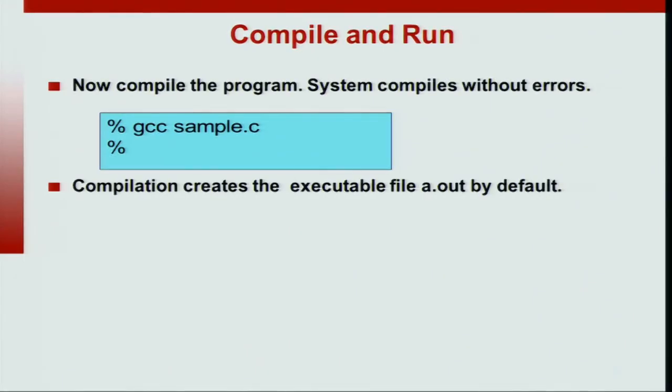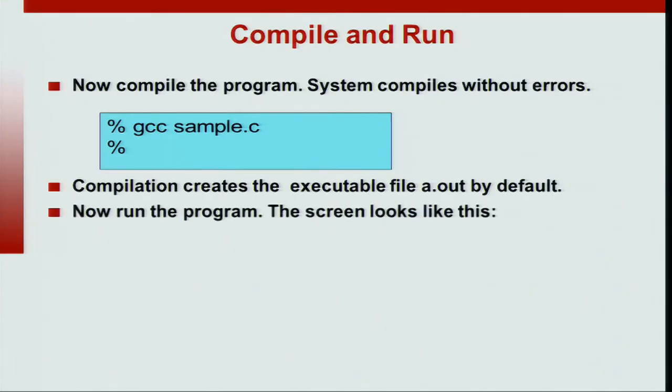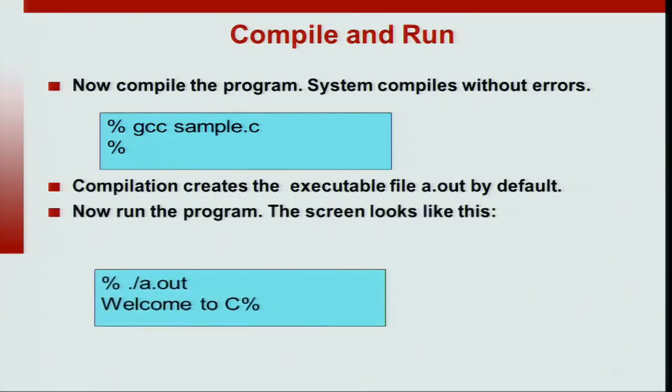Compilation creates an executable a.out, and now you can run the program by typing, and this is important, ./a.out. So the syntax is important. When you run the program, it will say welcome to C, because that is what the program is supposed to do.